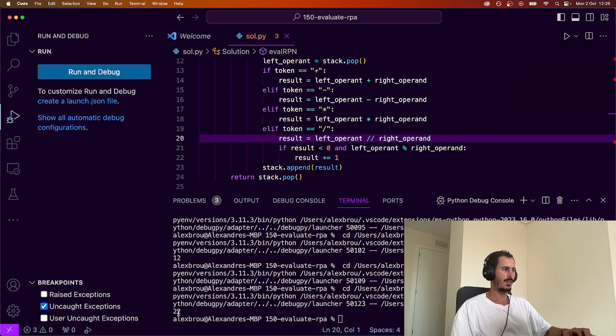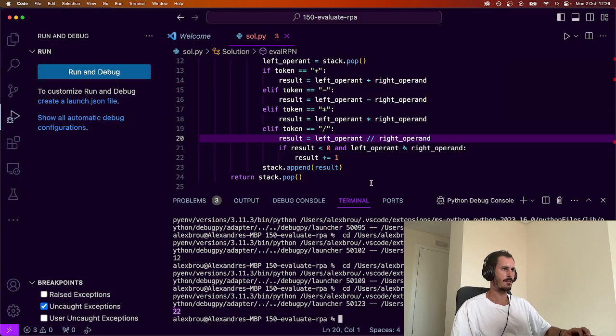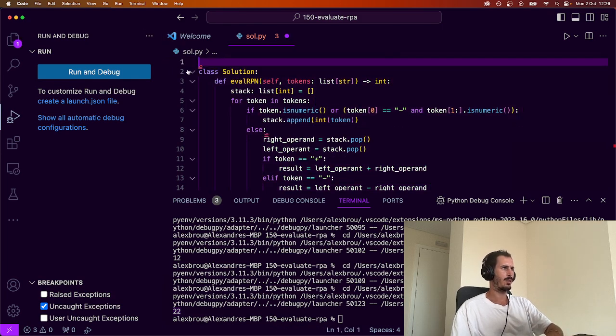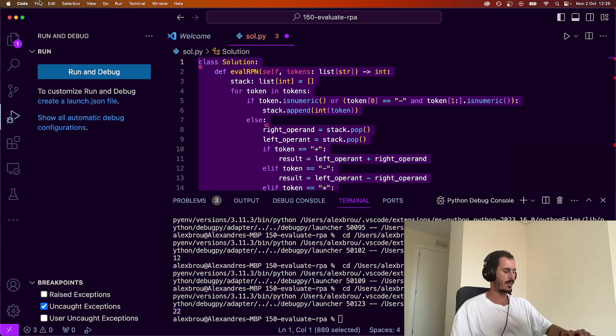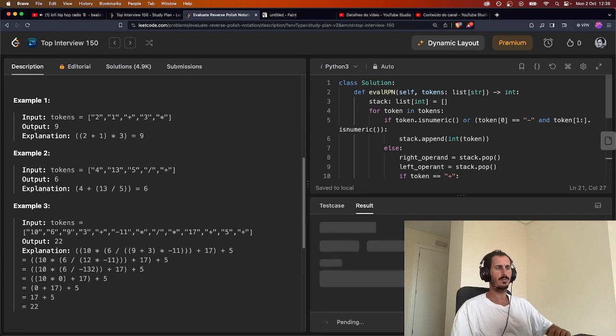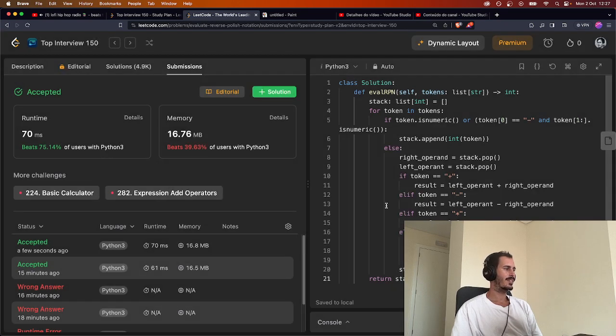So now our result is 22, which is what we want. Yeah, this math.floor was something I tried previously. So let's just submit this, see if it works, and it works.